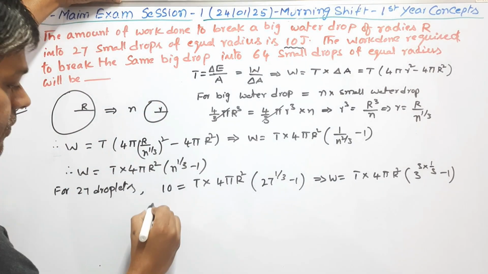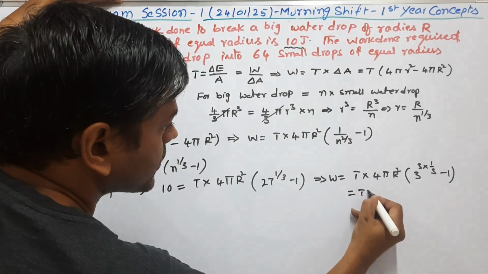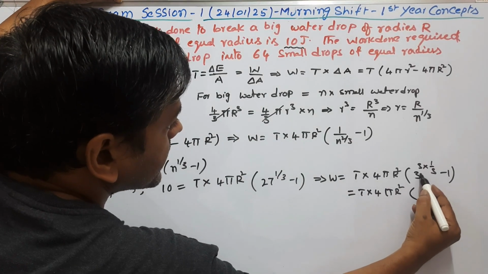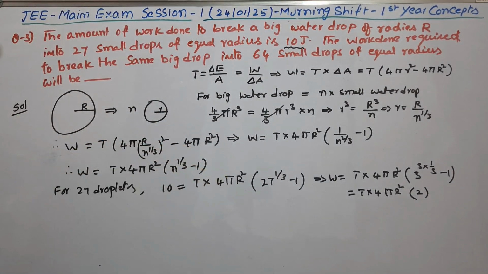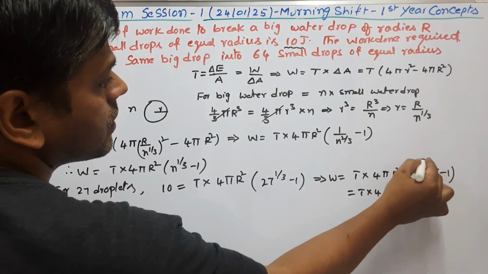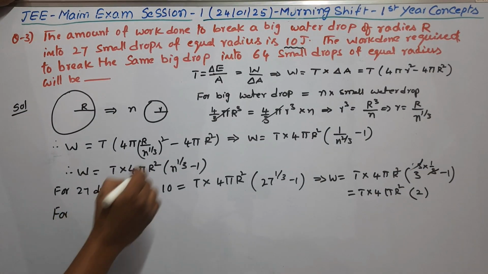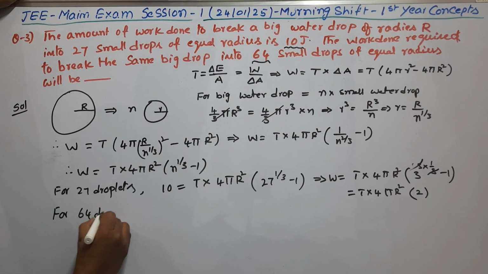Therefore you get T into 4 pi R square into 3 minus 1, which is 2.